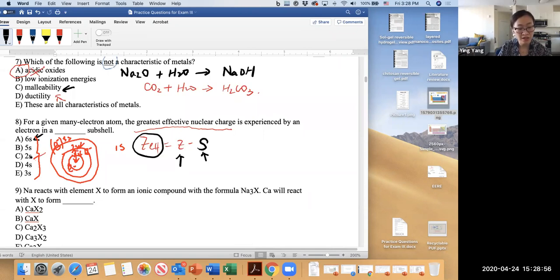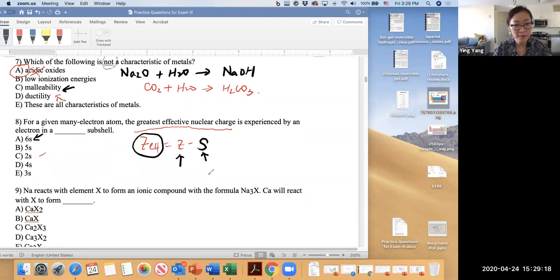On the contrary, when you are in the 2s subshell, the S number would be very small, and therefore Z effective would be the largest. Therefore, the answer is C for this question. Number 8, answer is C, correct? Yes. All right, question number 9.